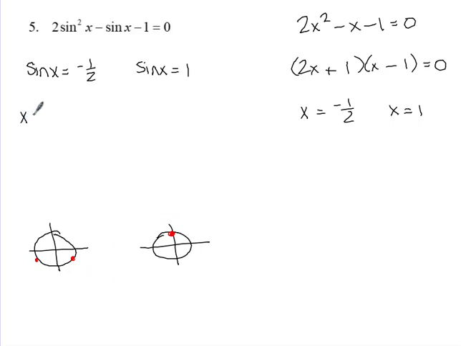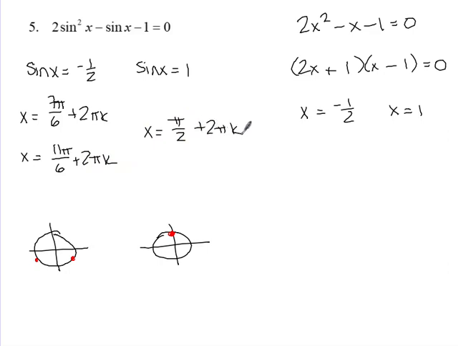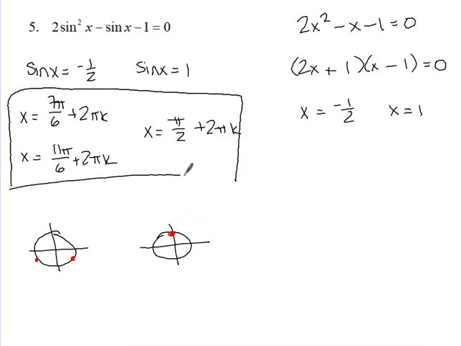So we have x equals 7 pi over 6, which is this angle, plus 2 pi k, and x equals 11 pi over 6 plus 2 pi k, and x equals pi over 2 plus 2 pi k. And those are our answers.